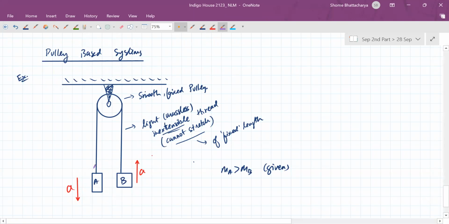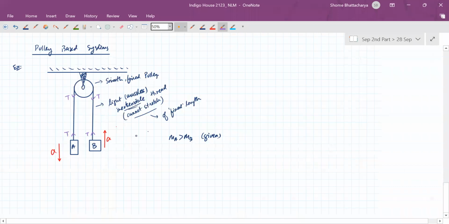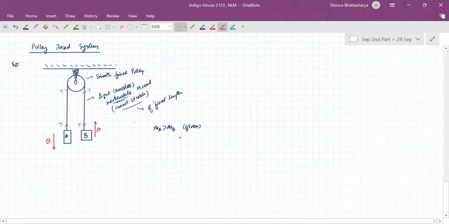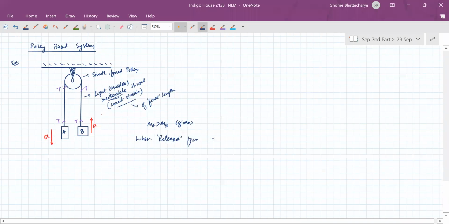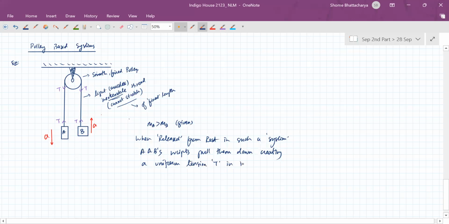Once the system is released, because of the weights of A and B pulling them downwards, the string will develop a uniform tension T in the thread.